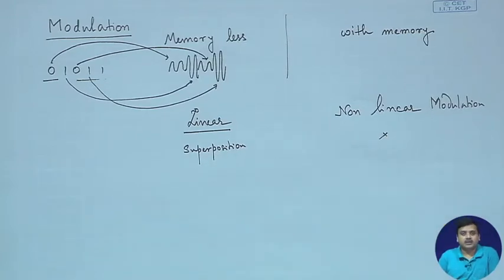That is as simple as that. So, what it effectively means is that if I have two inputs, then the output could be expressed as a superposition of the outputs of the two different inputs. So, in that case it will be linear modulation. We will be mostly dealing with linear modulations.